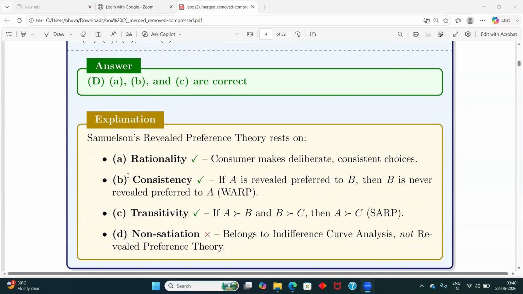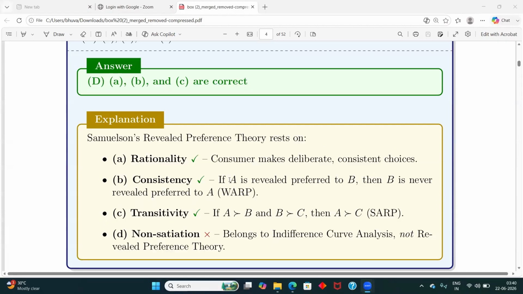Axiom 2, consistency: if A is revealed preferred to B, then B is never revealed preferred to A. This is the weak axiom of revealed preference. The third axiom is transitivity: if A is at least as good as B and B is at least as good as C, then A is at least as good as C. This is the strong axiom of revealed preference.